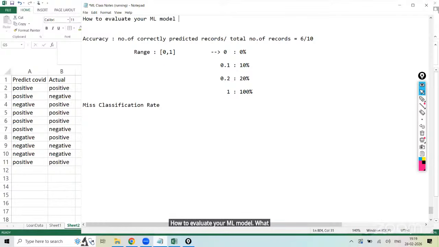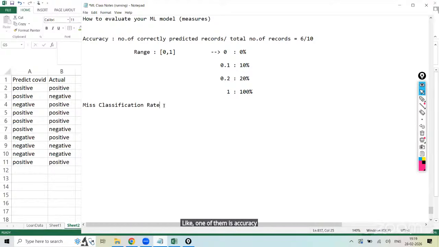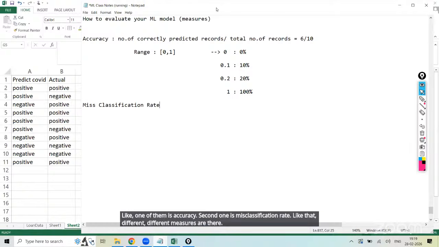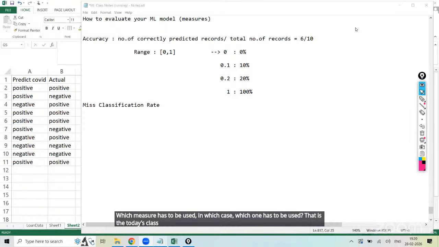What are the different evaluation measures for the ML model? That is the class today. One of them is accuracy, the second one is misclassification rate, and like that, different measures are there. Which measure has to be used in which case, that is today's class, basically.